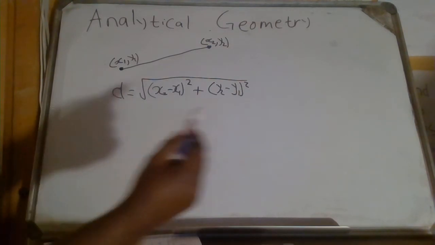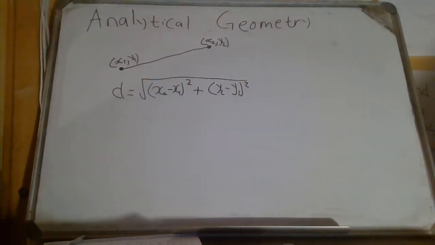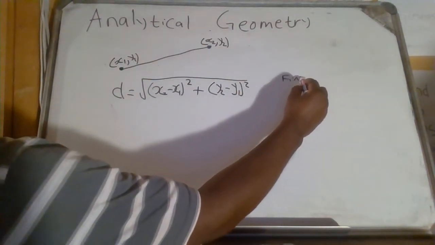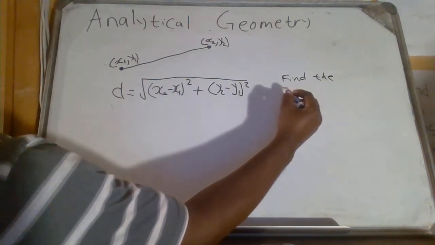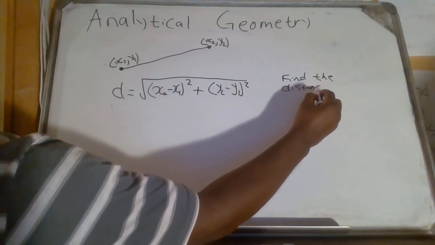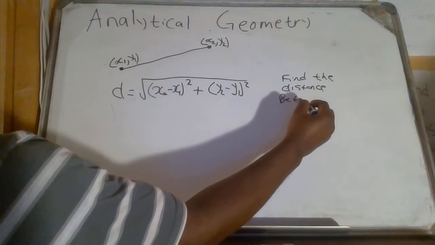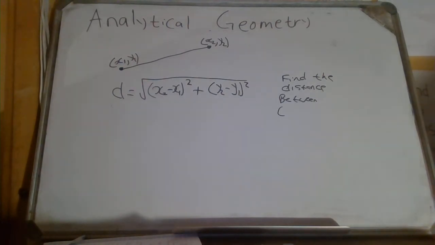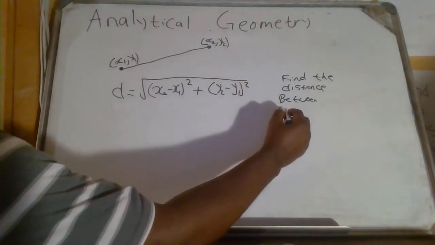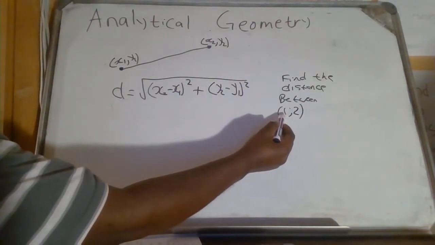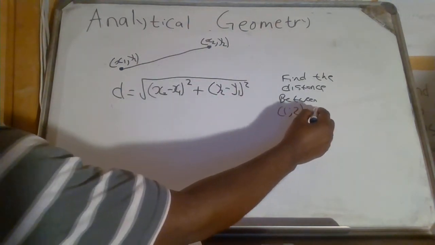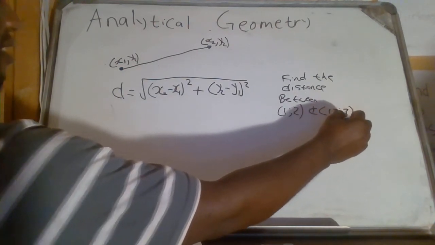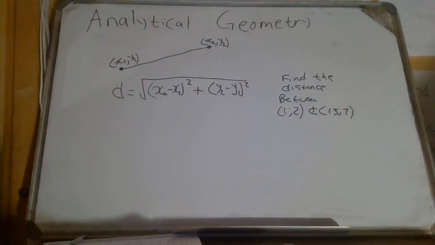Let's say the question is: find the distance between the points (1; 2), which simply means that the x part is 1, then the y part is 2, and (13; 7). Okay. So we can pick any of these points and make it point 1.